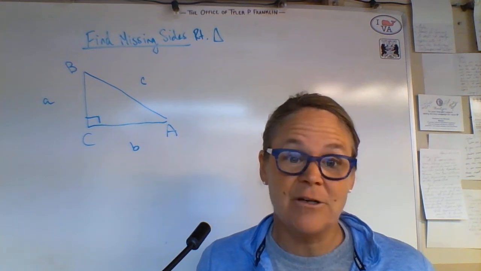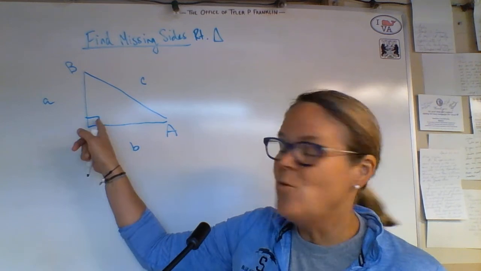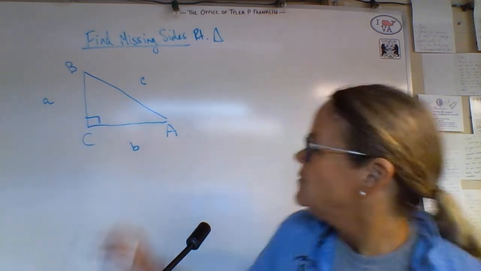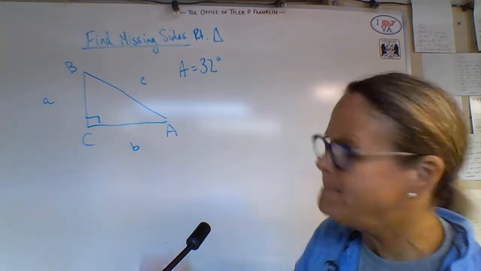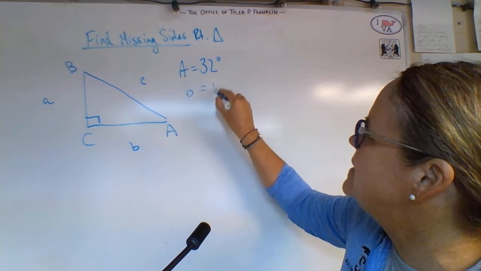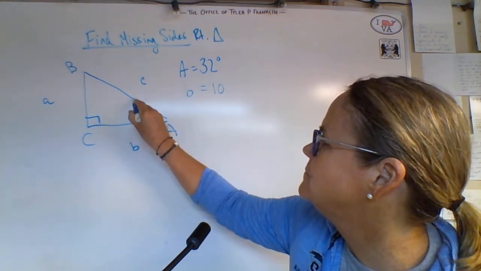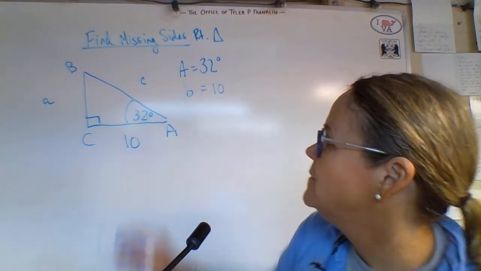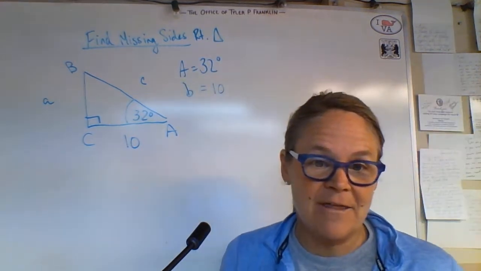There are 6 parts of a triangle, 3 sides, 3 angles. You have 1. I have to tell you 2 more. So if I said angle A is 32 degrees, side B is 10, you would have that. Solve the triangle means find everything else.